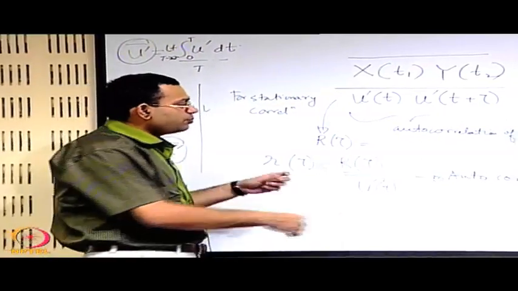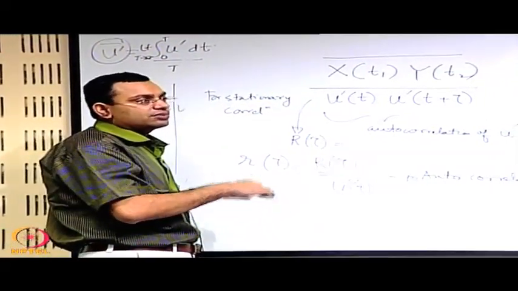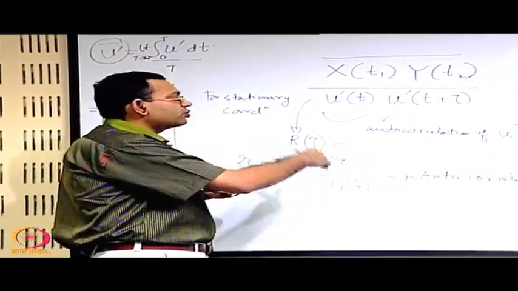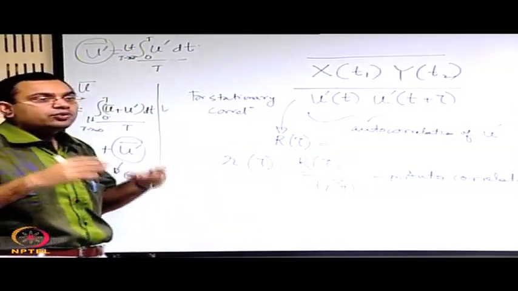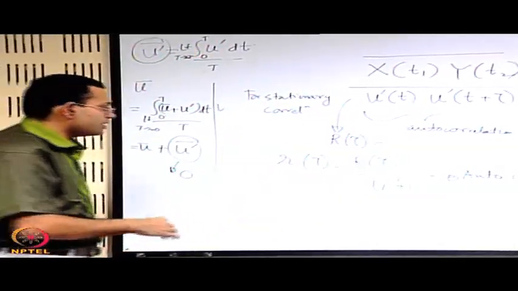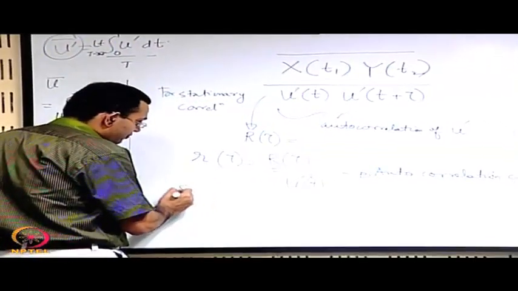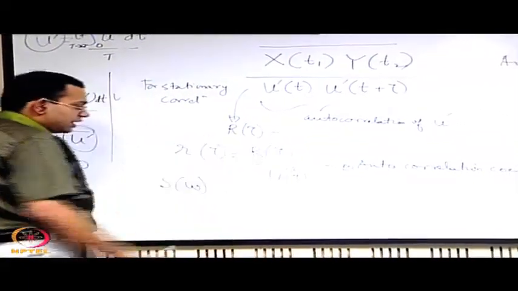Now it is also possible to have a sort of Fourier transformation of the autocorrelation coefficient into some frequency domain, and that is possible if you consider a transformation like this.